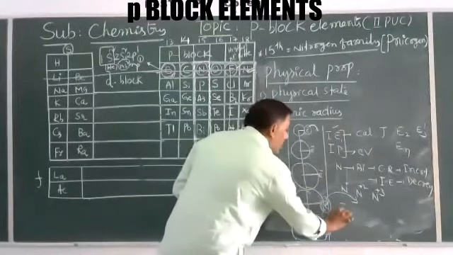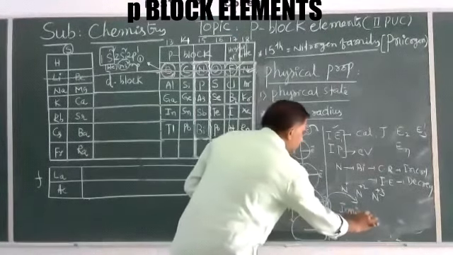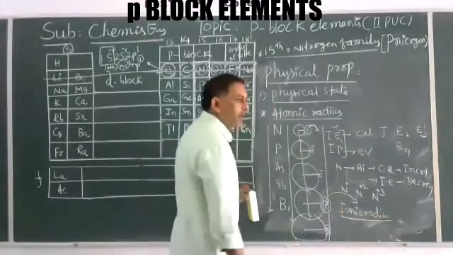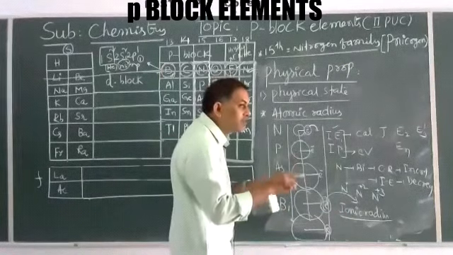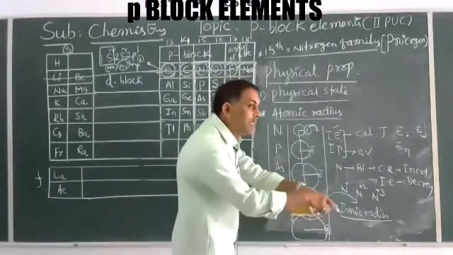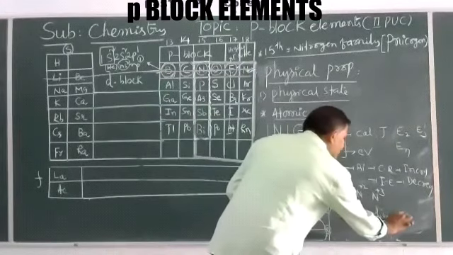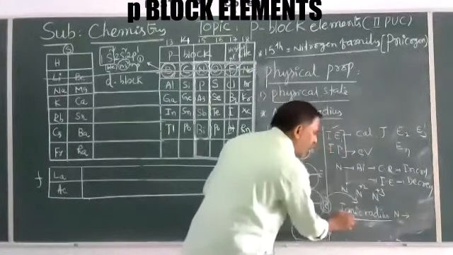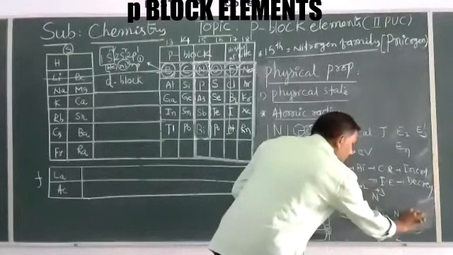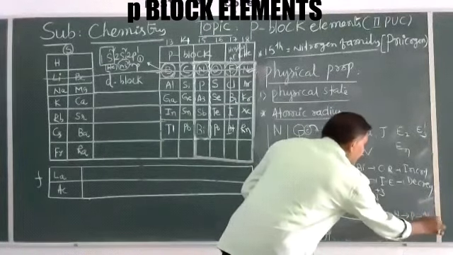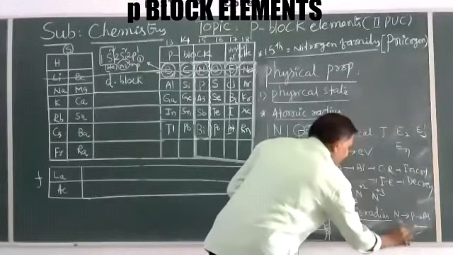But in ionic radius, generally top to bottom the ionic radius also increases, but the ionization energy does not decrease properly. So for ionic radius from nitrogen to phosphorus it decreases, again decreases, then again increases.